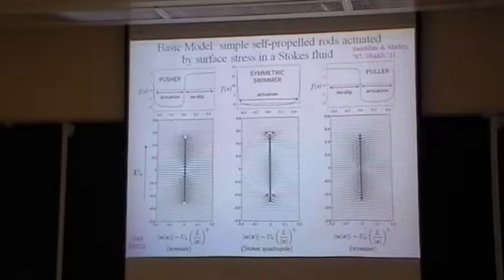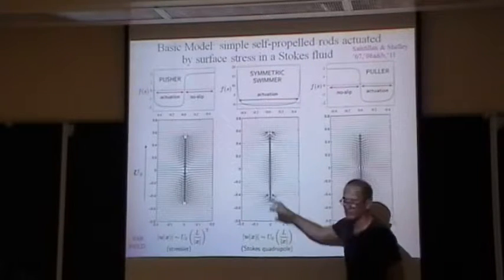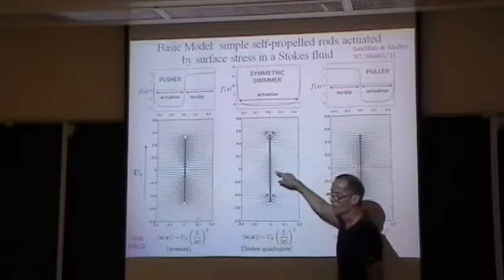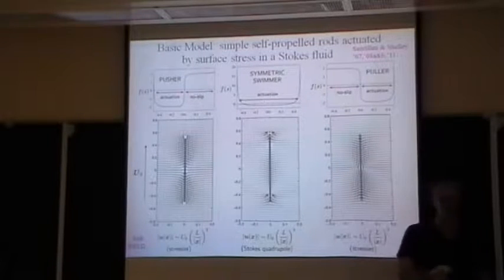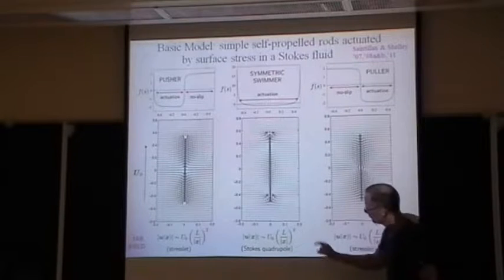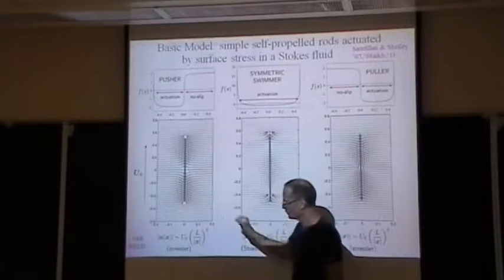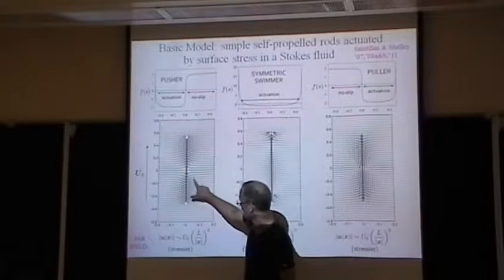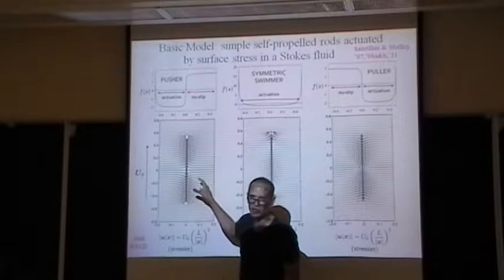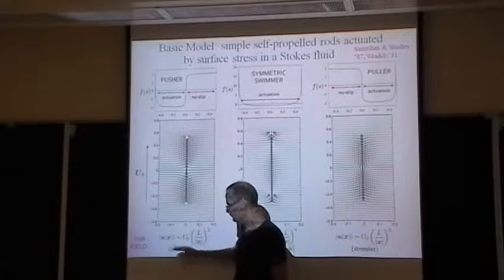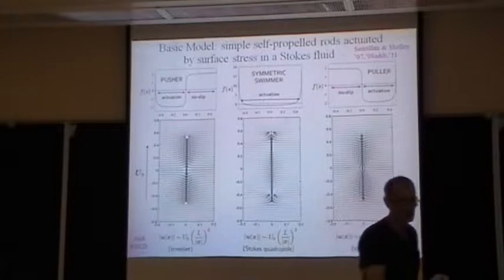Okay? Now this is a particle which Tim Pedley calls the stealth swimmer. Okay? So this is just a particle where we've coated it everywhere with this prescribed tangential stress, and it's moving itself along at some velocity. But the difference that it has from these other two is that if I have a force-free particle, then generically, except for in special cases like this, you'll have that the velocity field die-off comes from a force dipole.